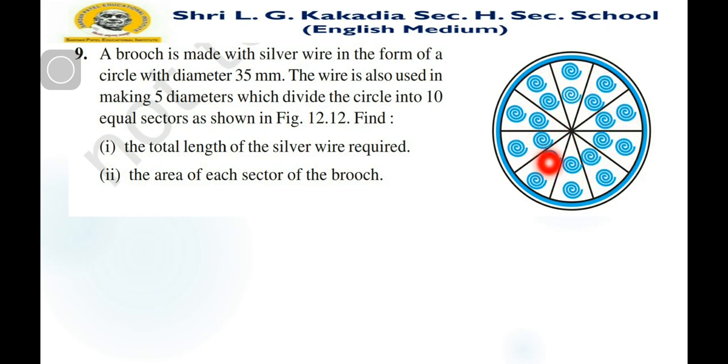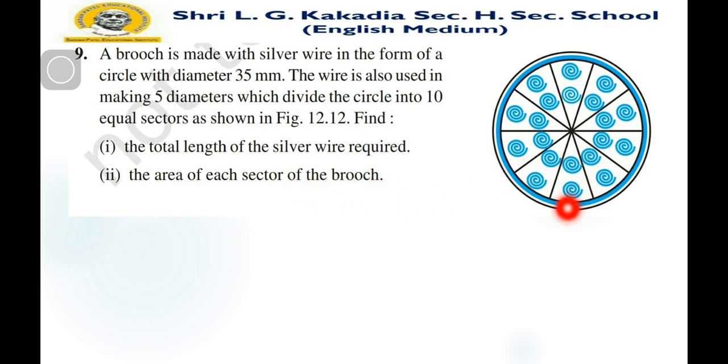we just find the value of the diameter, and then the length of the 5 diameters, and also the circumference, and we take the sum of the circumference and diameters, so we can find the length of silver wire used to make this brooch. Besides the total length of the silver wire, we are also going to find the area of each sector of the brooch.